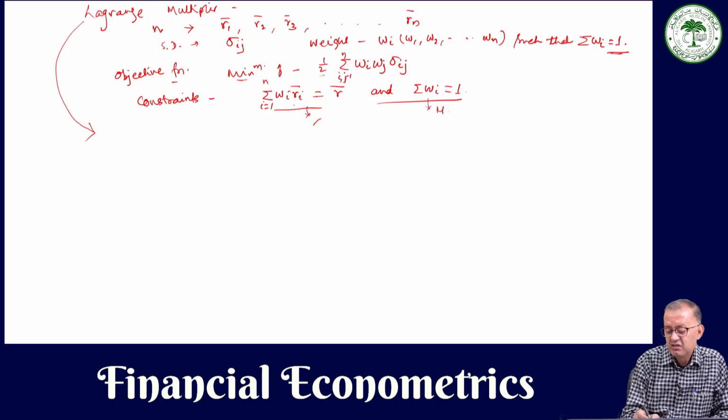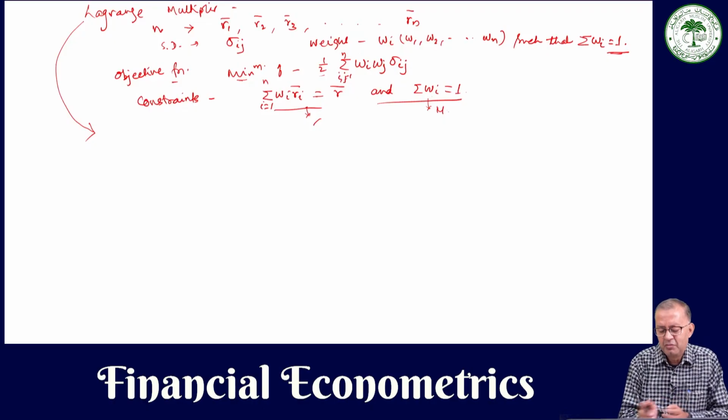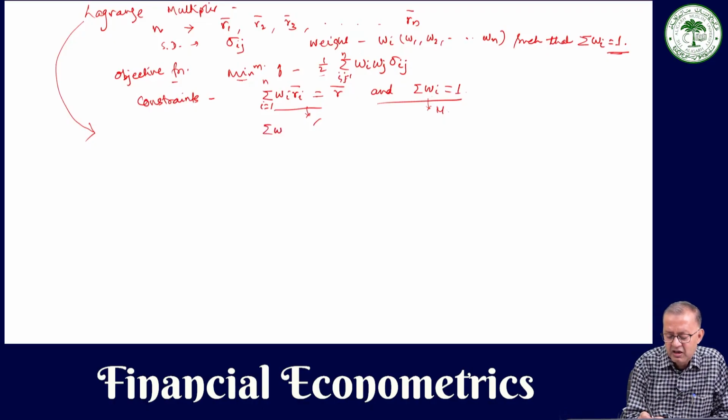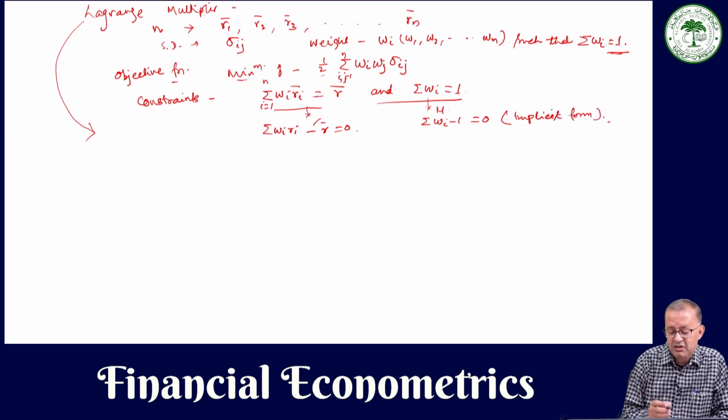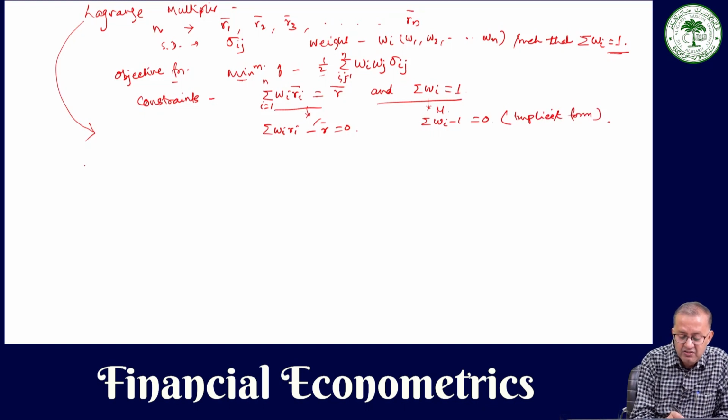First we write down these equations in implicit form: sigma Wi Ri minus R bar is equal to 0, and sigma Wi minus 1 is equal to 0. This is the implicit form of the equations. Now we write down the composite function.